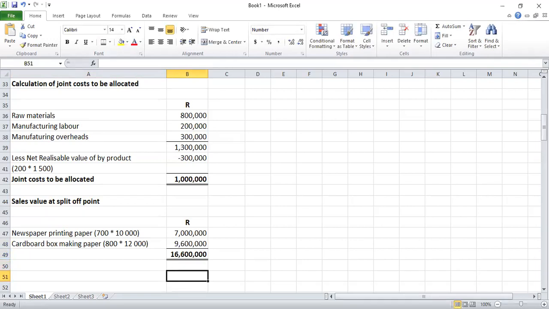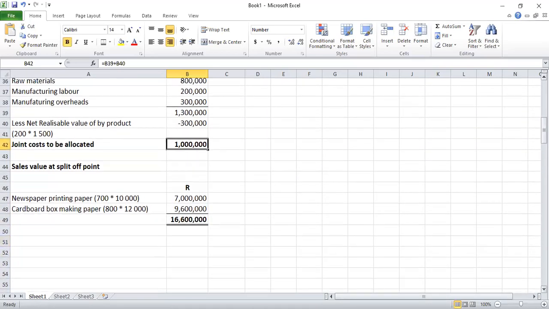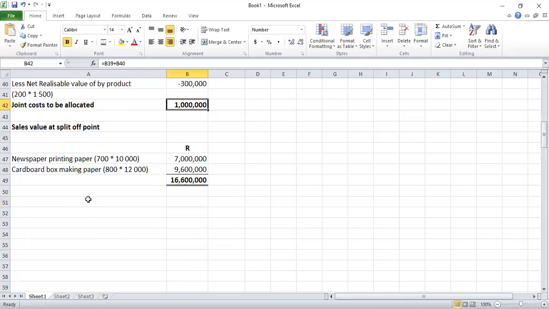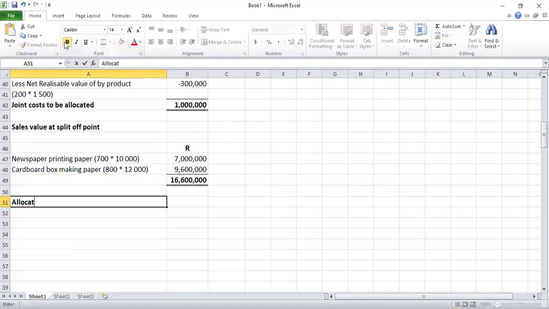Right. So we'll then use these values to allocate this 1 million. Please, when you are determining your sales value, use the total units produced, not the units sold. Then we'll have our allocation of joint costs.